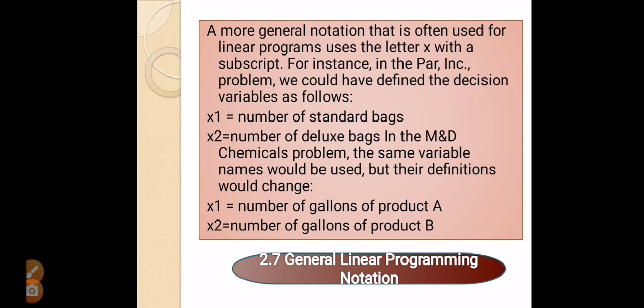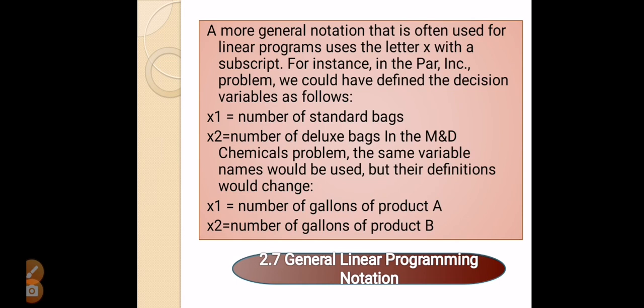The general linear programming notation is X with a subscript. Aside from using S and D for variables, we use X subscript 1 or X subscript 2 for notation. This notation is simply to avoid difficulty, especially in more complex problems.